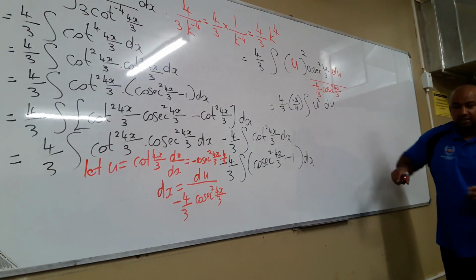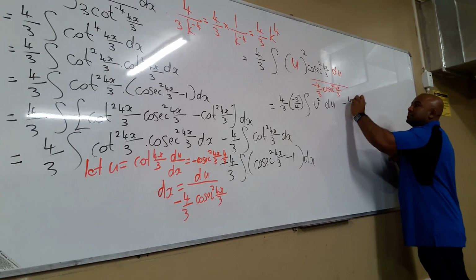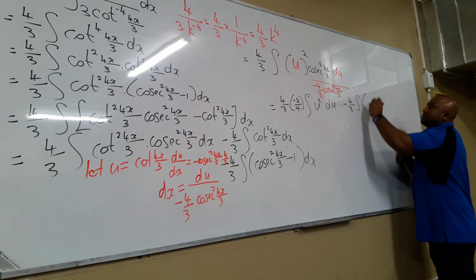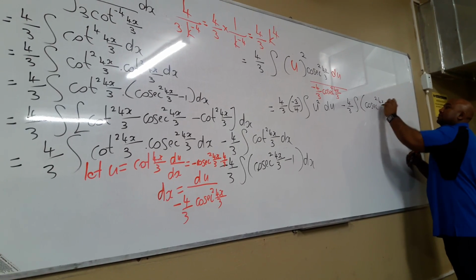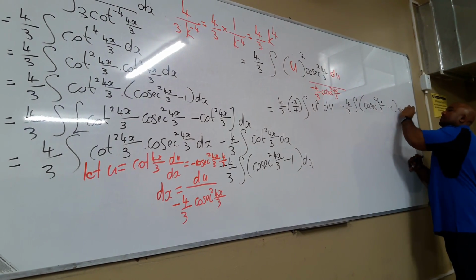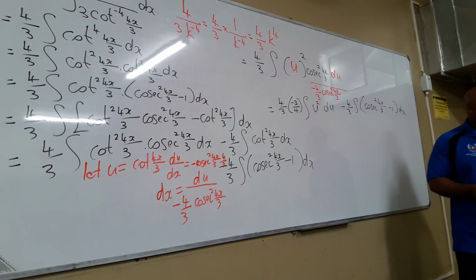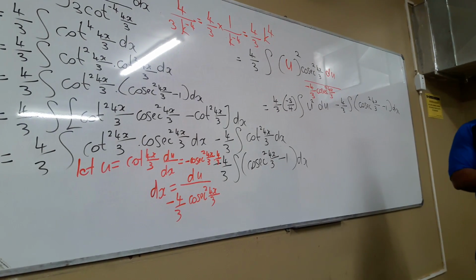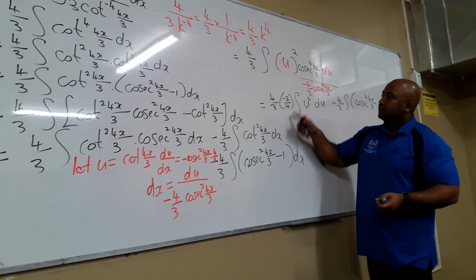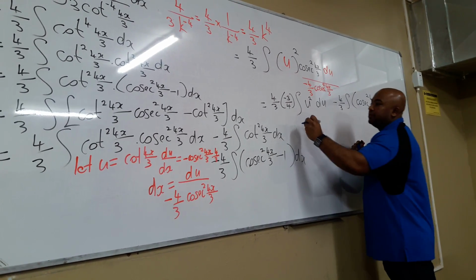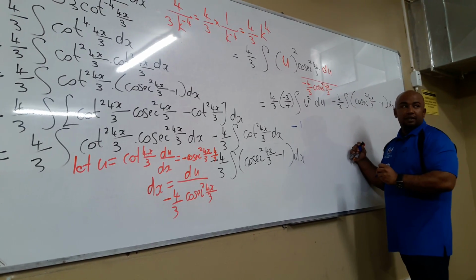Now let me copy the other two terms here, which is minus 4 over 3. I chose not to multiply out. And I'm going to integrate everything in one line. Okay, here. These cancel, so we end up with just minus 1 there.